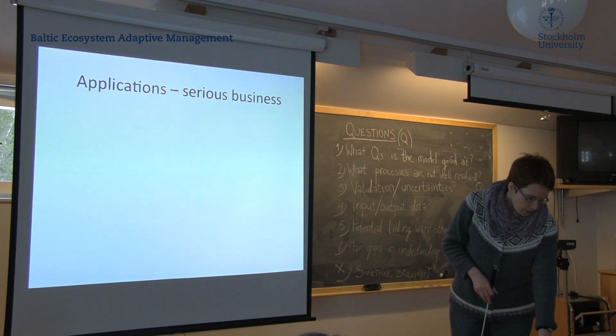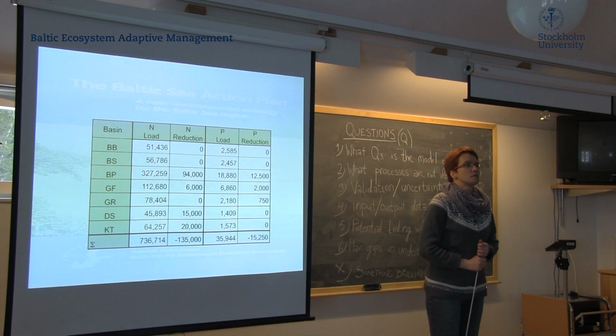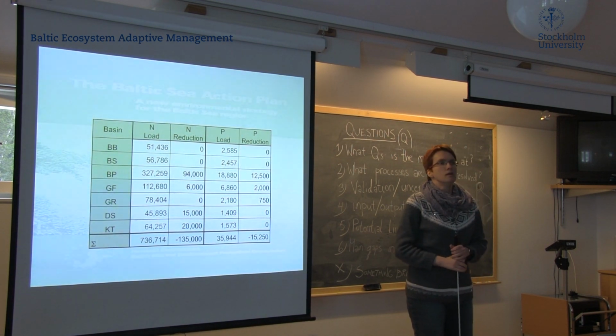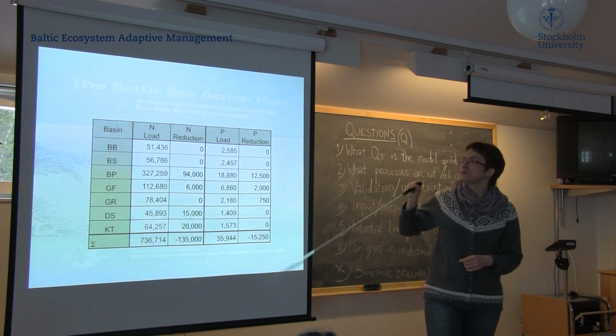And then what the model is actually also used for is serious business. Because you can run a lot of scenarios, it's now used for designing the Baltic Sea Action Plan, for doing a country-wise nutrient reduction scheme. So BOSE has been running a lot of scenarios to calculate which countries should reduce the load to which Baltic sub-basin by what, and I'm not sure how many simulations in total he has run, but it was a huge work.